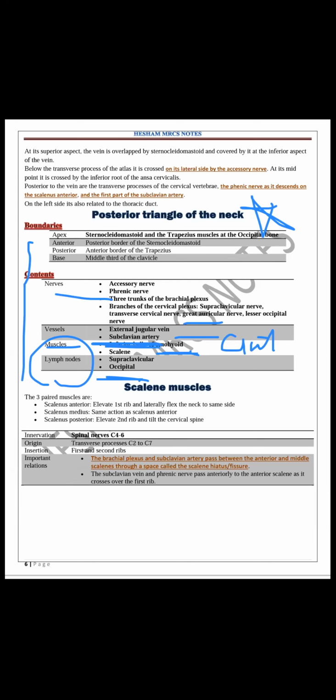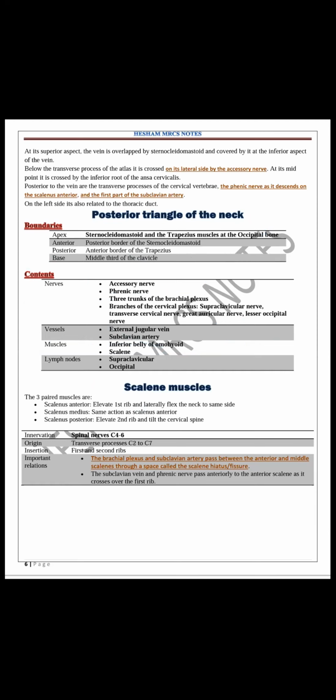But you have the subclavian vein, which is related to the phrenic nerve. The nerve passing between the sternocleidomastoid and the trapezius and supplying both of them is the accessory nerve. While you have 4 branches of the cervical plexus: supraclavicular, transverse cervical, great auricular, and lesser occipital. All of these are contents of this posterior triangle. What are the boundaries?